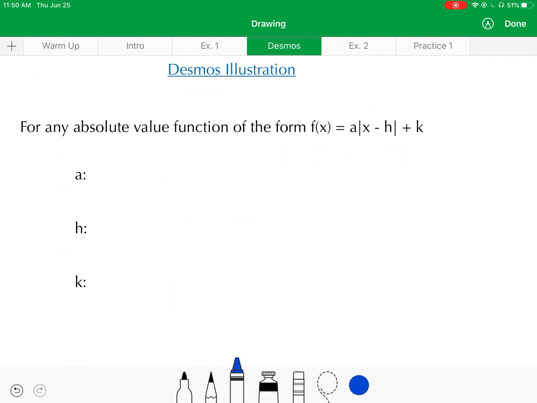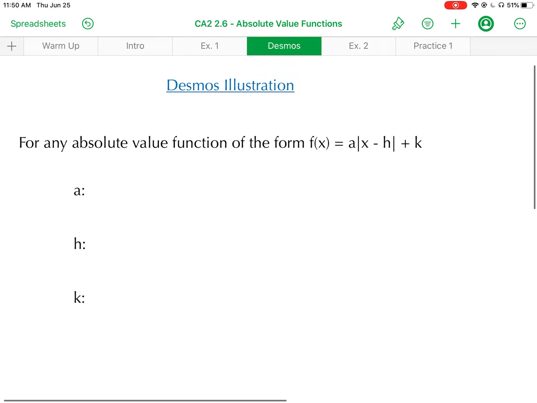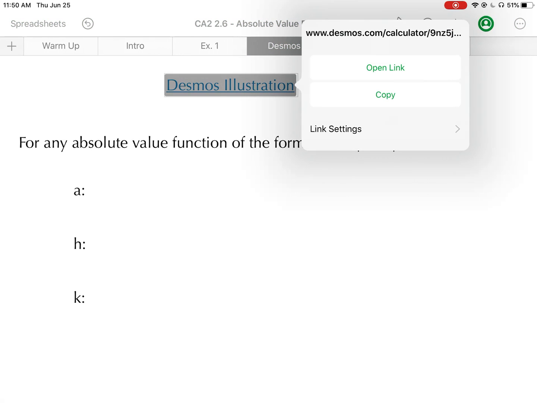So let's click over here to Desmos, get out of your writing tool, and we're going to look at functions of the form f of x equals a times the absolute value of x minus h, plus k. And we want to know how that graph that we just made changes as the values of a, h, and k change. So let's investigate in Desmos.